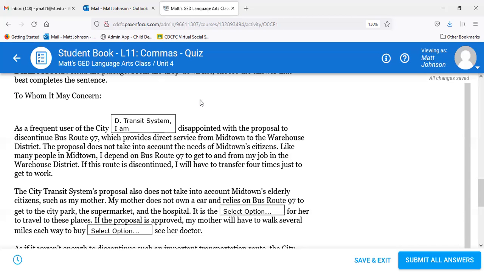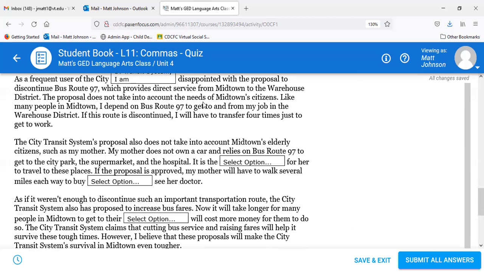The proposal does not take into account the needs of Midtown's citizens. Like many people in Midtown, I depend on bus route 97 to get to and from my job in the warehouse district. If this route is discontinued, I will have to transfer 4 times just to get to work. The city transit system's proposal also does not take into account Midtown's elderly citizens, such as my mother.